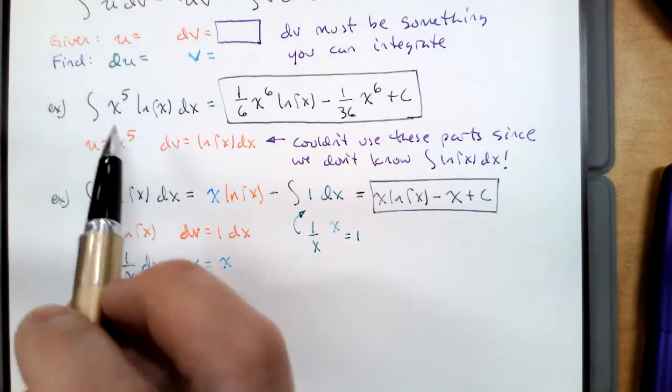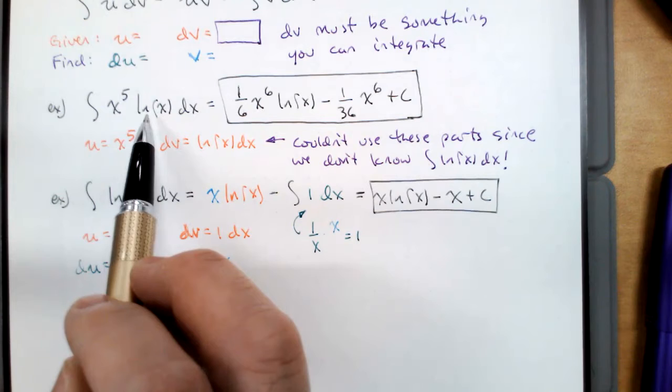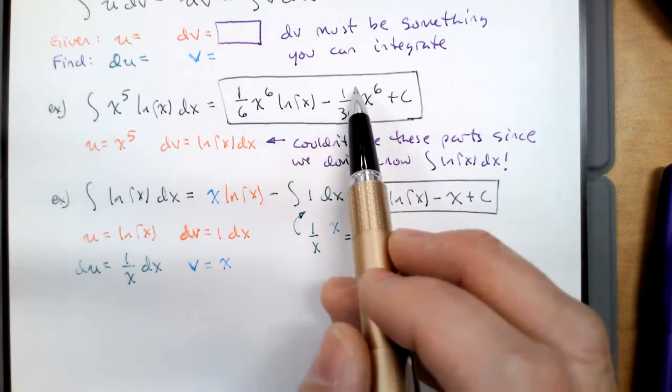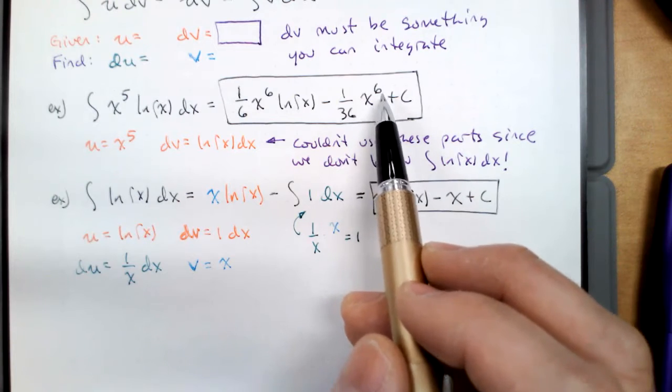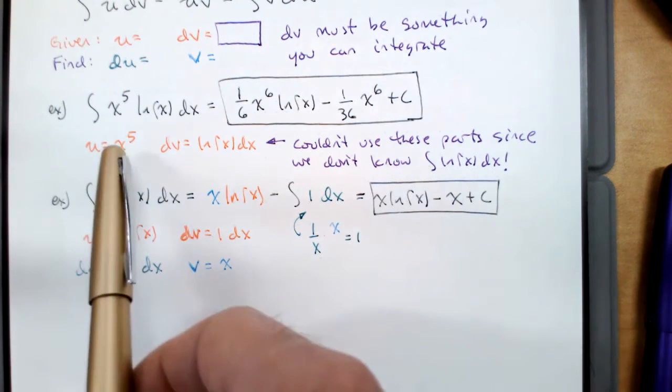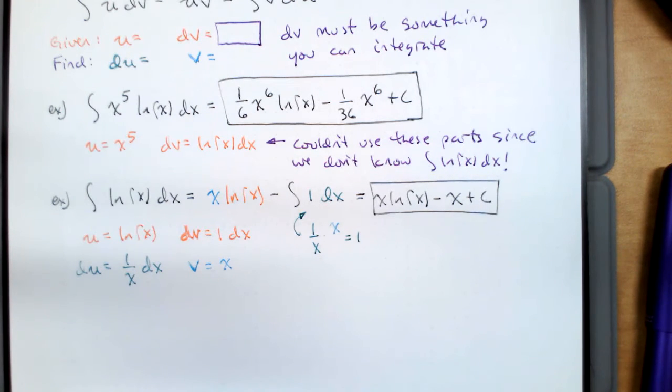At this point, though, you might look: if we have some x to a power times ln x, we had x to the 5th ln x, we had 1/6 x to the 6th natural log minus 1/36 x to the 6th. And the same thing happened down here, only instead of a 5 going into a 6, we had 0 going into a 1. So we had x to the 0. So if I said x to the 7th natural log of x, we could probably guess what the pattern is going to be, because the same thing will happen.